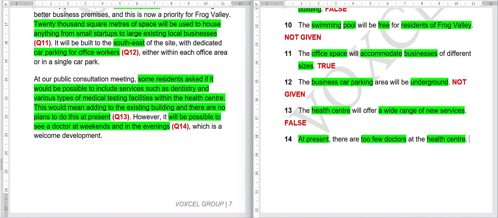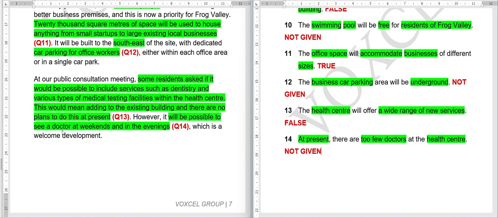Okay, time's up, and I'm gonna write the answer. Drum roll, please. Answer is not... sorry about that. Not given. Why not given? Because we have not been told about the number of doctors.